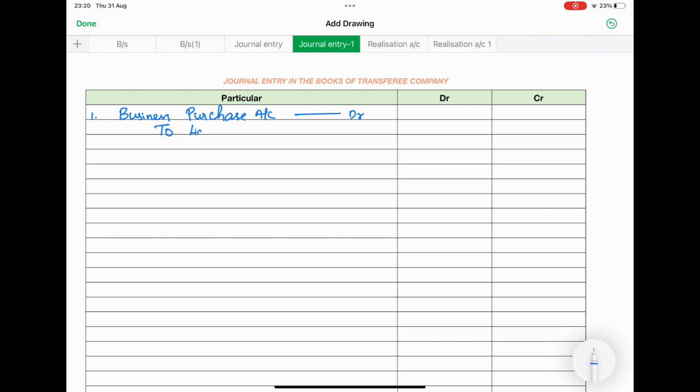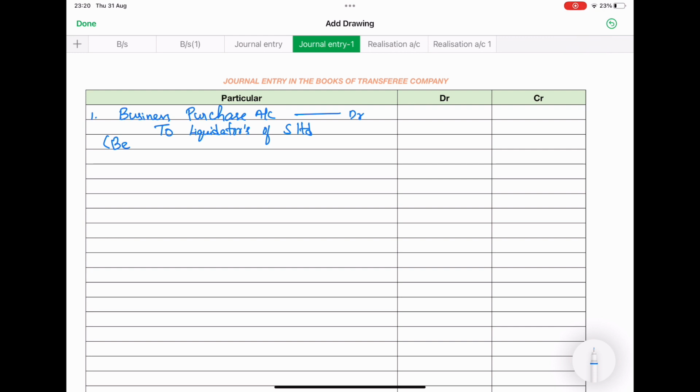Why are we mentioning liquidator? Because S Limited is going to wind up. Liquidator of S Limited.